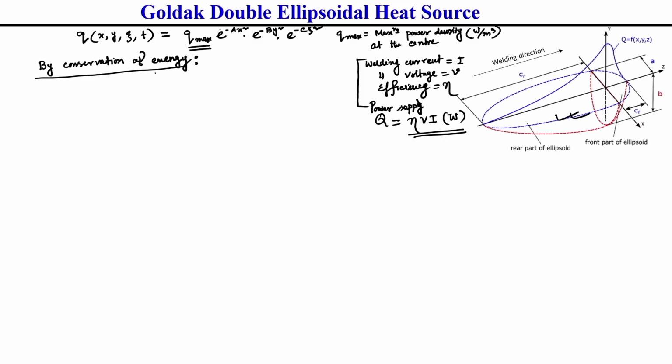So, conservation of energy tells eta V I, okay, this you can represent as Q, which is supplied, and this is distributed over the double ellipsoid, this you should keep in mind. So, how we can write this distribution, here you can see this double ellipsoid, here this is varying, how it is varying. So, here you see, this you should keep in mind.